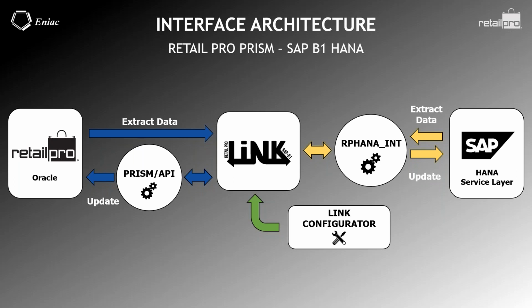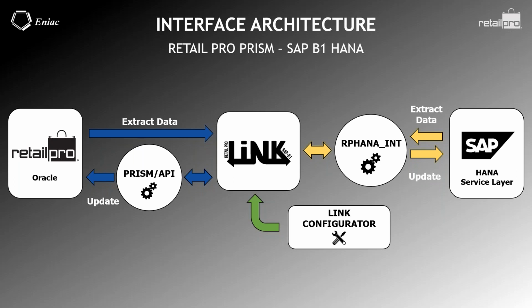We also define in the configurator the mappings required for making the exchange automatically. What does that mean? We need to know exactly which field in what table of SAP corresponds to which field in what table of Retail Pro. Okay, it can be HANA in SAP, Oracle in Retail Pro, as you know.